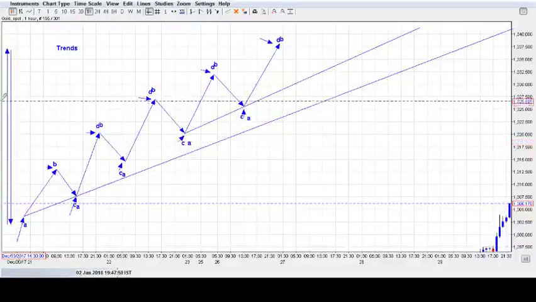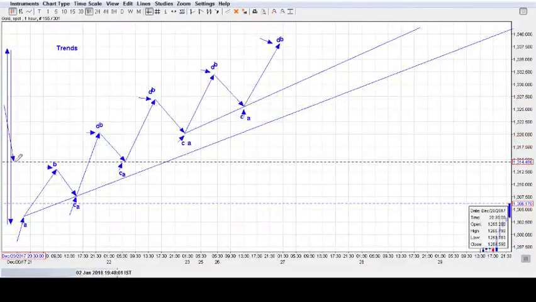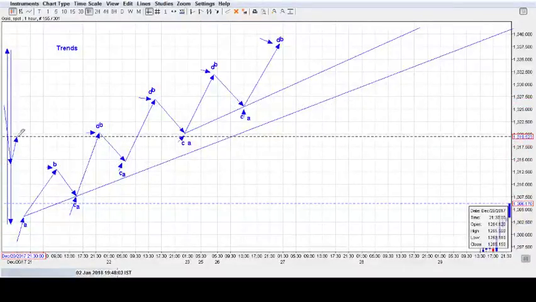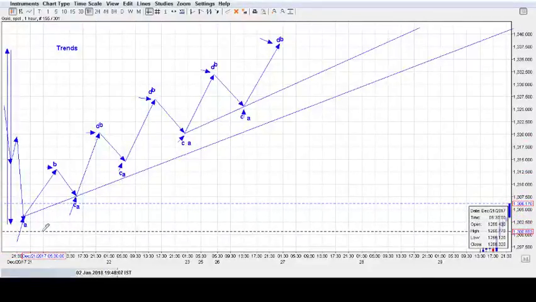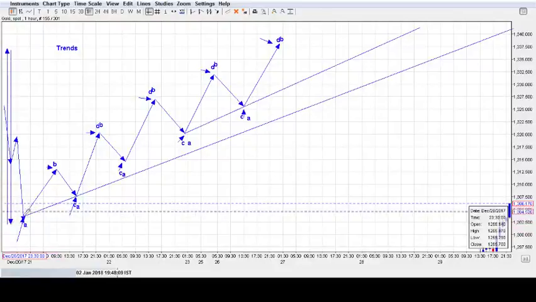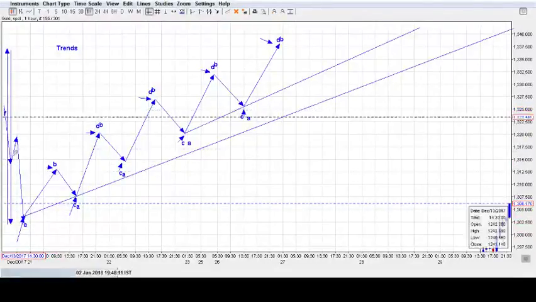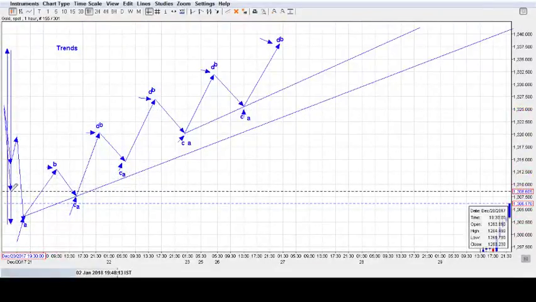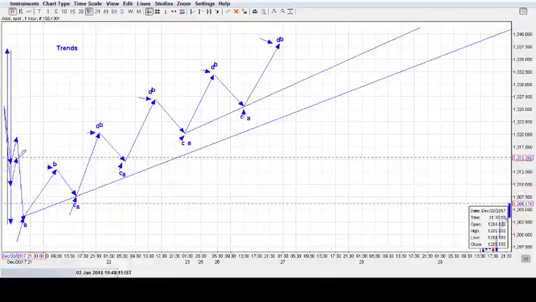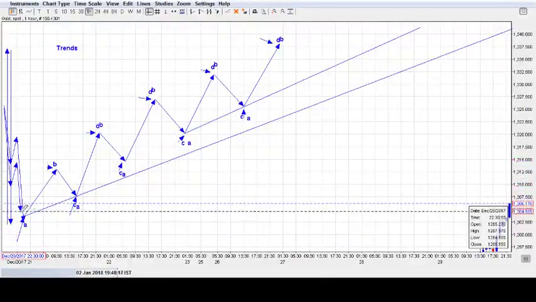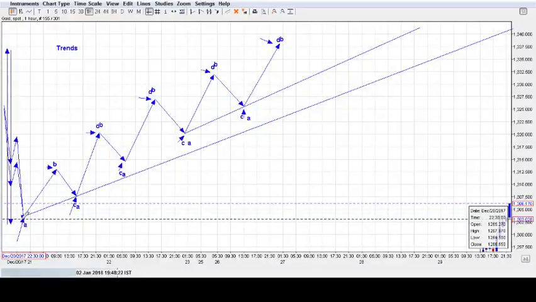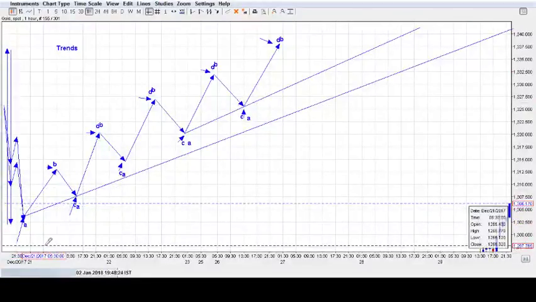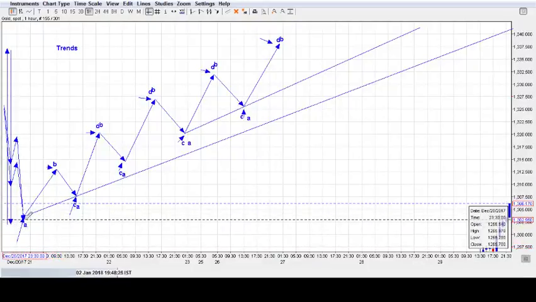The first A could be slightly problematic, because if the market was dropping like that, there was no reason for us to believe that something else was going to happen, right? At this point in time, it was a downtrend, it could continue going down.